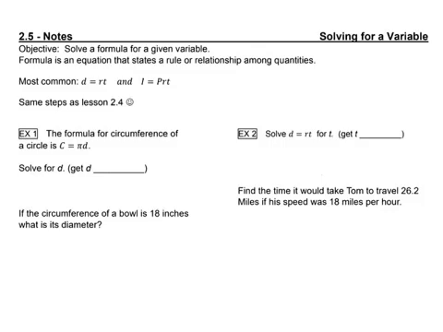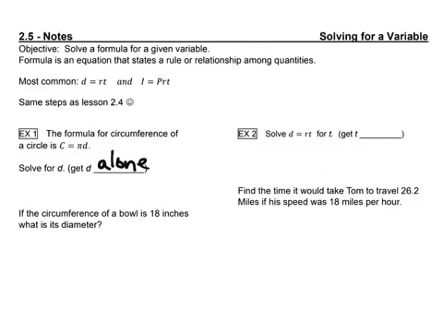So we're going to solve for d. So we're going to get d alone on one side of the formula. Formula is just what we call an equation that is mainly letters, although pi is a number.